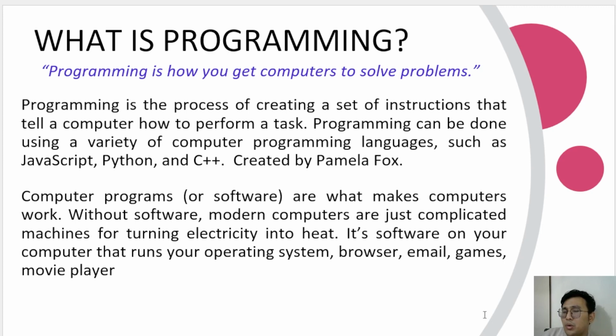So without this kind of software, modern computers are just complicated machines for turning electricity into heat, or what we call an analog type of technology. It is the software on your computer that runs your operating system, browser, email, games, movie player, etc. There's a lot of things that you can do by using programming.